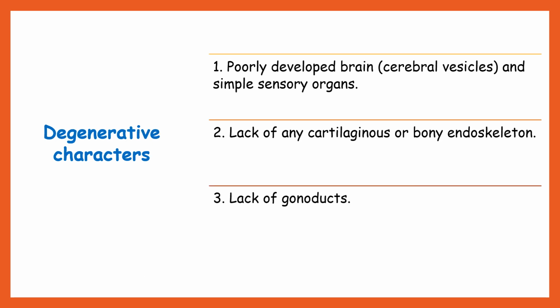Now the degenerative characters: the brain is very poorly developed. Because of that, the sense organs are of a very simple type. Lack of any cartilaginous or bony endoskeleton and lack of gonoducts.